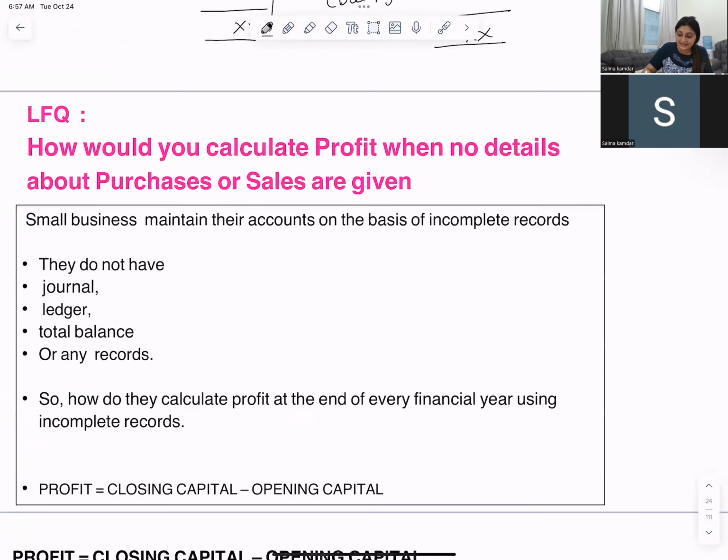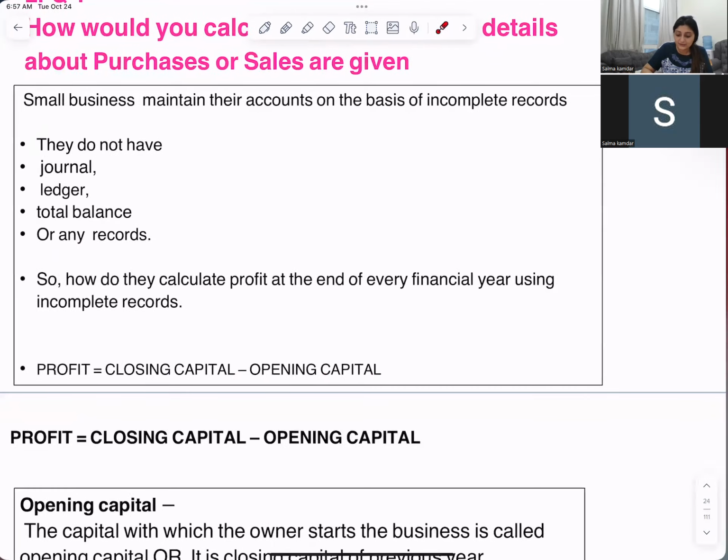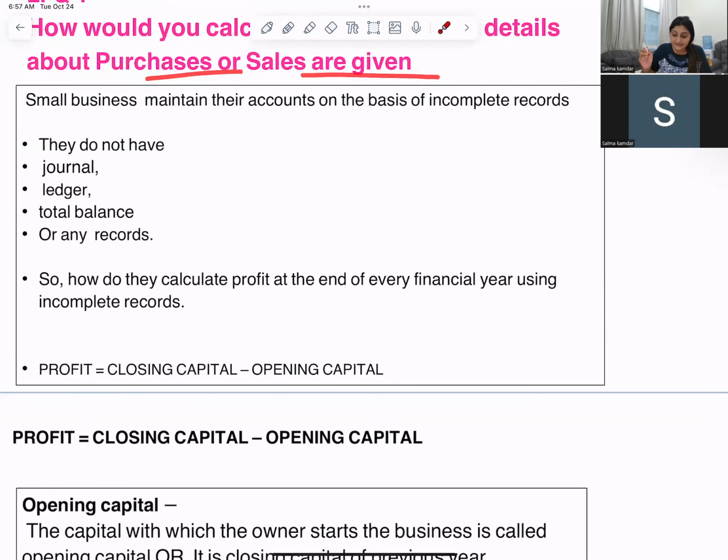So when no details about purchases or sales are given, you have to calculate profit using this formula: closing capital minus opening capital. Why do I use this formula? Because I am doing incomplete records. If I am doing incomplete records, it means that I do not have any journal, any ledger, any balances, or any records.